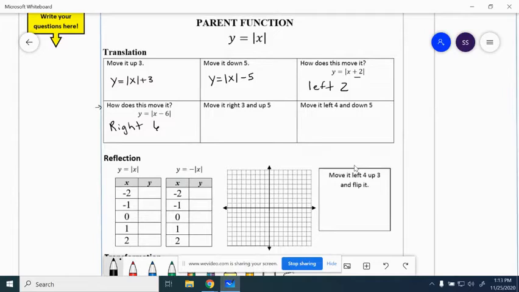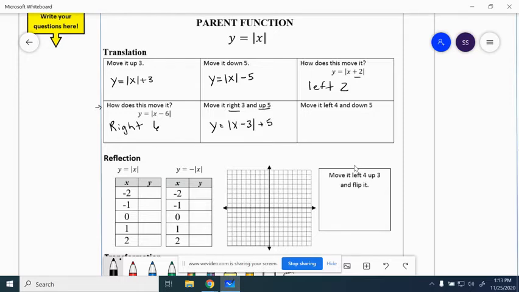So if I wanted to move my function to the right 3 and up 5, okay, so we're going to start with y is equal to the absolute value of x. Now, if I want to go to the right 3, that's going to be a little bit counterintuitive. So I'm going to subtract 3, close the absolute value bars, and then up 5 is just going to be plus 5 outside.